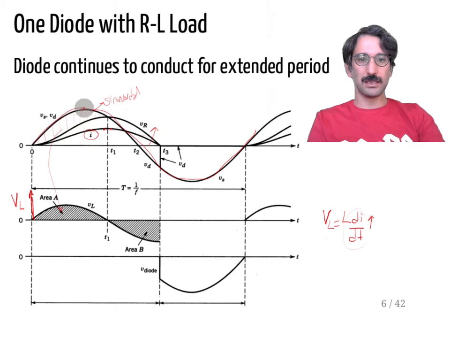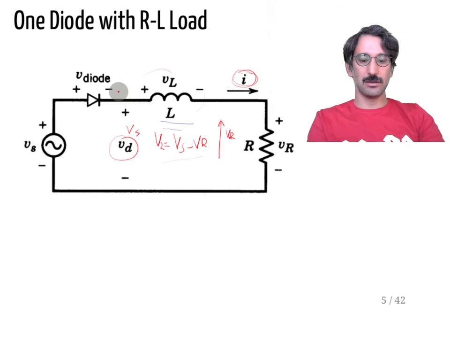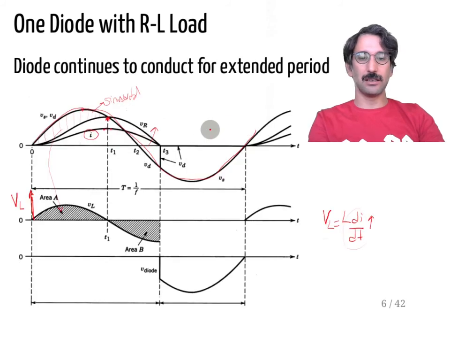So whenever Vs is equal to Vr, let me go to the previous slide, at that point VL will be 0. If VL voltage is 0, then that means di over dt will be 0, so my inductor current reaches its peak value at that point.